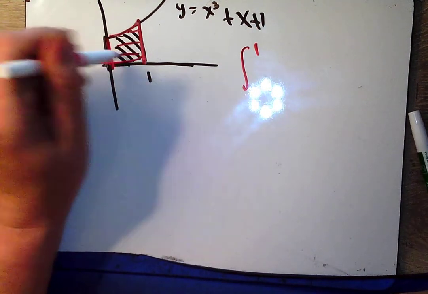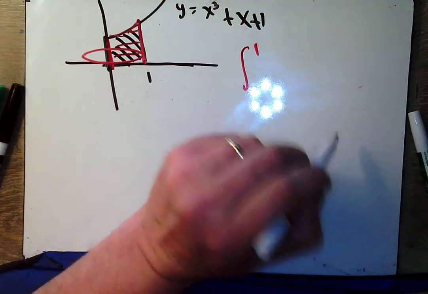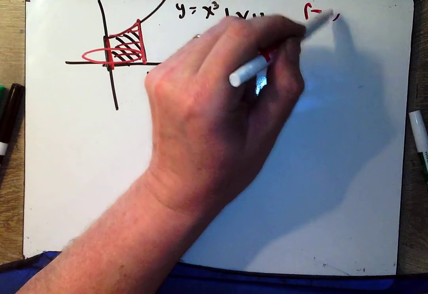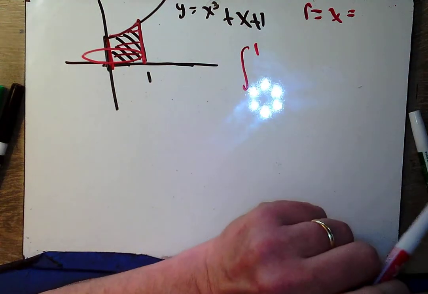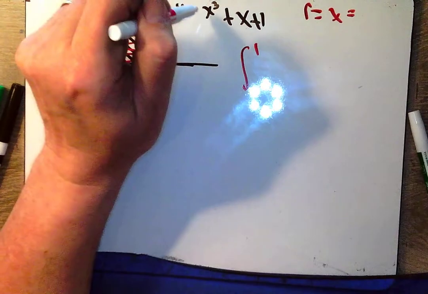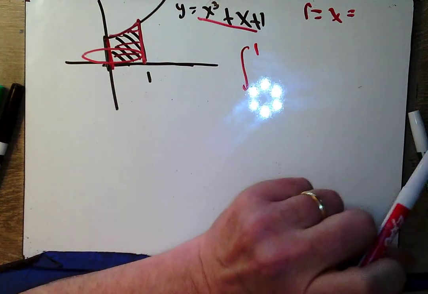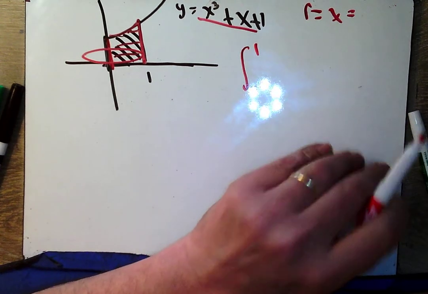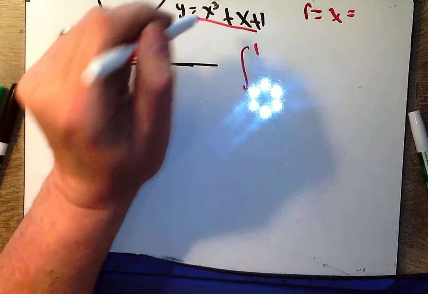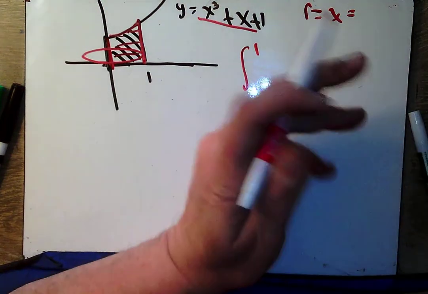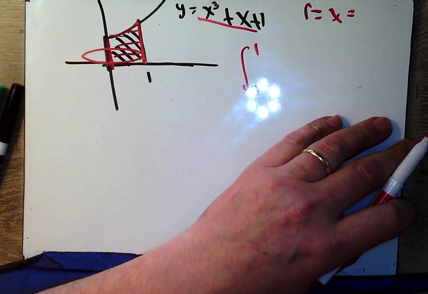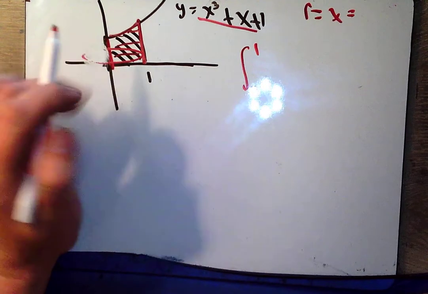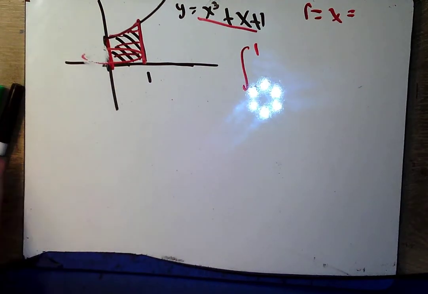And I'm just going to have circular disks in that case, so I just need to know that radius is my x value. Oh, wait. How do I solve that equation for x? Guess what? Algebraically, it's impossible. I can't solve that for x. So there's no way I can do disks and washers here. Yeah, so give it up. Instead, we're going to do shells.